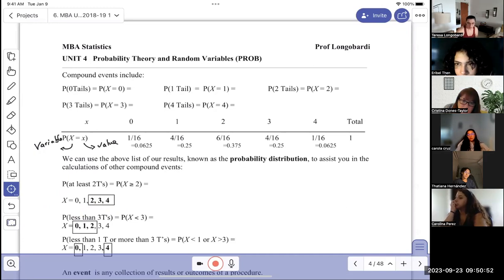At least $2 means $2, $3, or $4. So you go back to the distribution, take 2, 3, 4, and add those up to get the answer. You can write it in words like that, but in symbols like this.